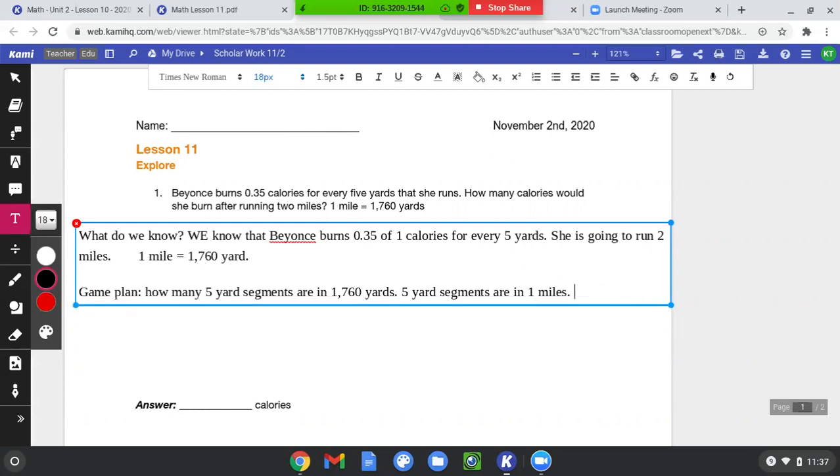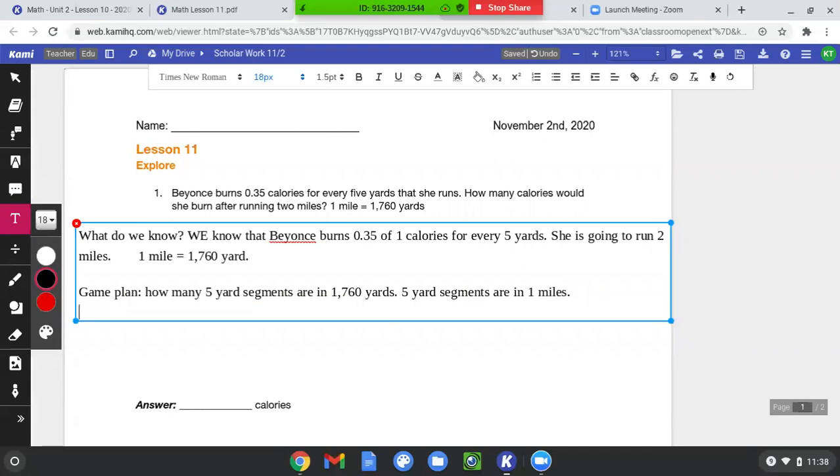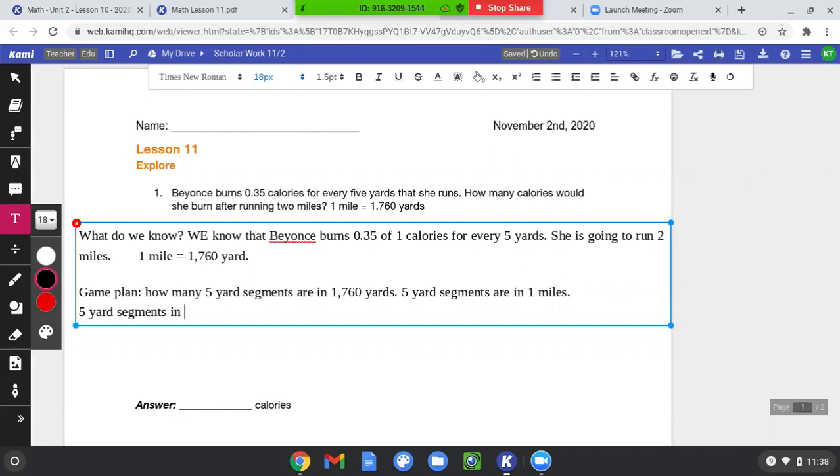So once we get how many 5 yard segments are in 1 mile, we are going to multiply that by 35 hundredths calories. Once we do that, finally, we would double, because she is going to run 2 miles. We are going to double that because 1 plus 1 equals 2.